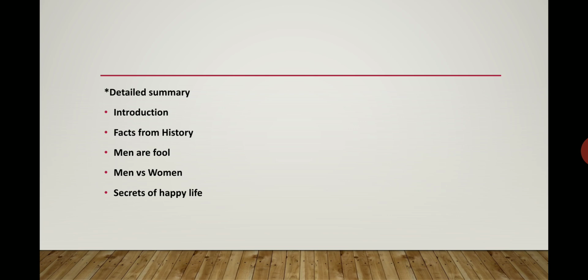He described the factors which disturb married life, and he tells about the traits of man and says that man is always in search of an ideal pattern of womanhood for his partner.